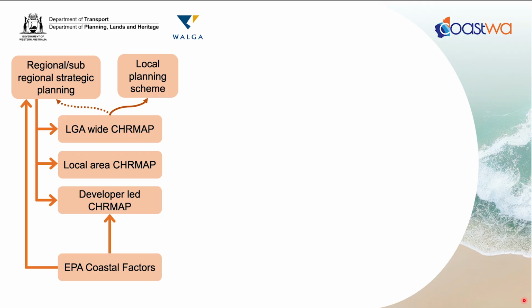And of course, all of that feeding back into the local planning scheme and back into any reviews at that regional scale of planning. It's also worth noting that EPA coastal factors are part of this higher level, noting that the CHRMAP would inform development adaptation strategy responses, which may impact the EPA factors of coastal processes and landforms.